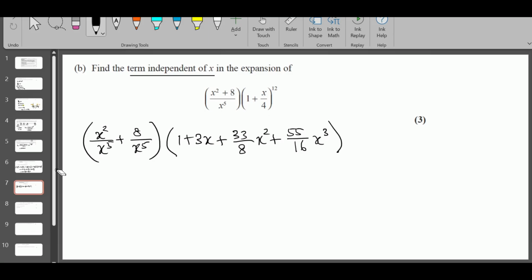This term, x square over x power 5, is basically 1 over x cube.